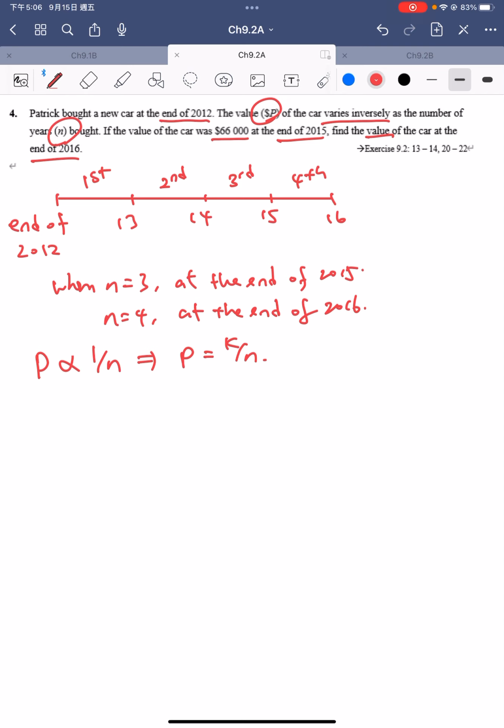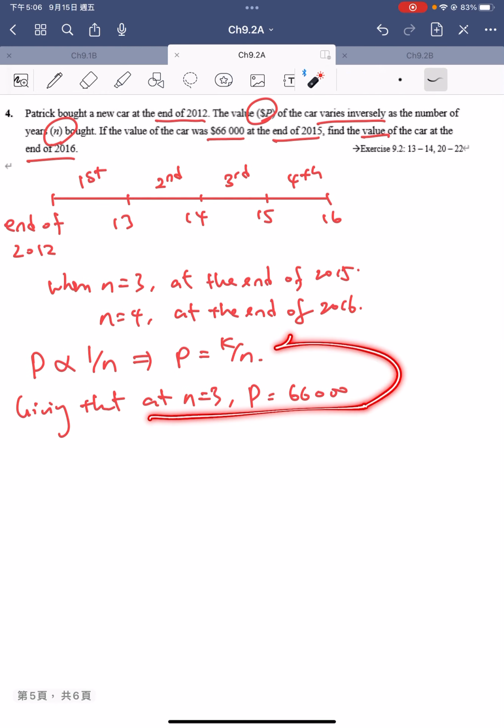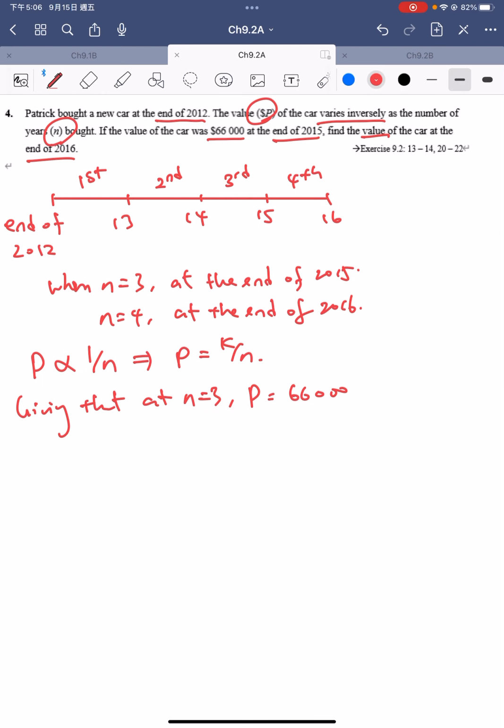So we are given that at n equal to 3, P is equal to 66,000. Substituting these two values into our formula, 66,000 is equal to K divided by 3, which gives K equal to 198,000.